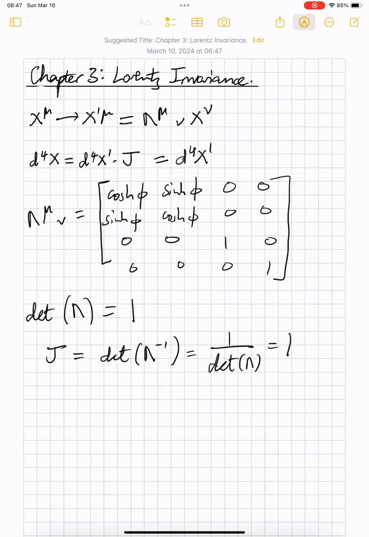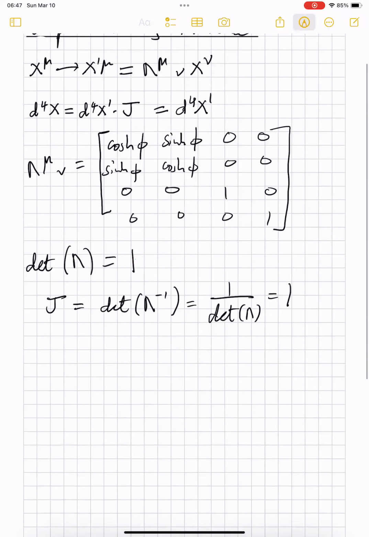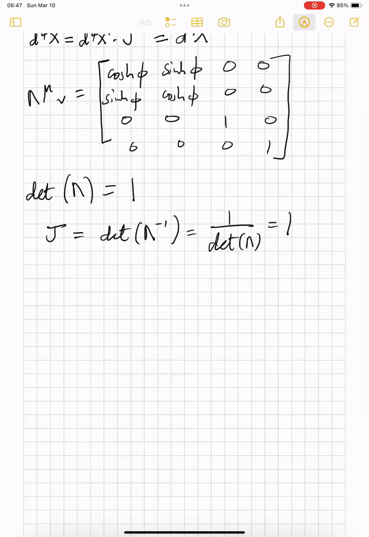Okay, good. Now, this is not just for the 4-vector x. If you have some other 4-vector, for example, let's say we were integrating over the 4-momenta, so this would be dp⁰ dp¹ dp² dp³.